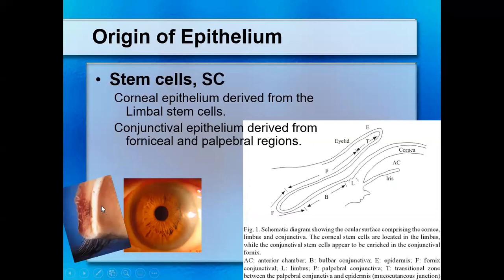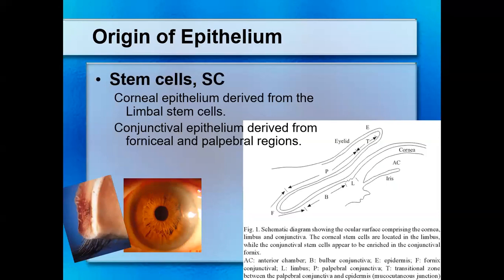Now these epithelia, the conjunctival epithelium and the corneal epithelium, are derived from stem cells. Where are the stem cells present? They are present near the corneal limbus, over here, the limbus. At this limbus, the stem cells are present, and they generate the corneal epithelium as well as the conjunctival epithelium.